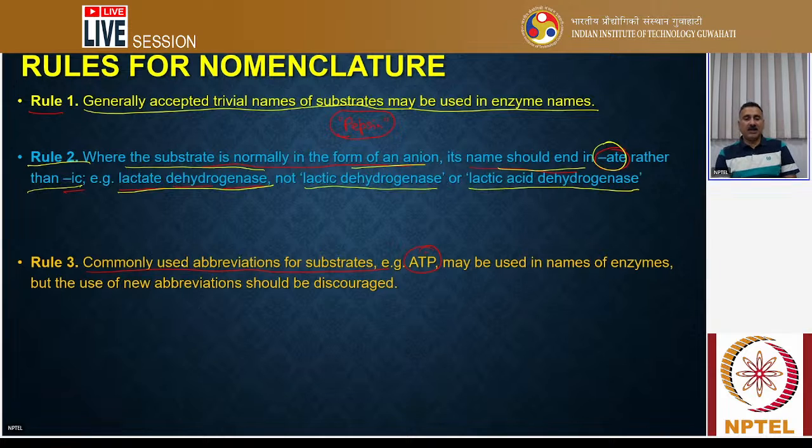Rule 3: commonly used abbreviations for substrates such as ATP may be used in the name of the enzyme, but the use of new abbreviations should be discouraged. ATP, DNA and RNA are very well accepted abbreviations, but abbreviations which are not very common or popular are not allowed.